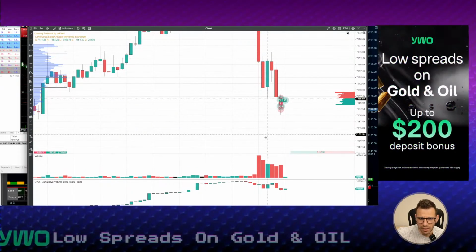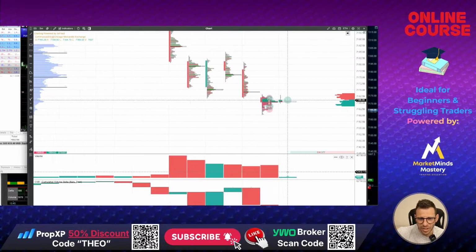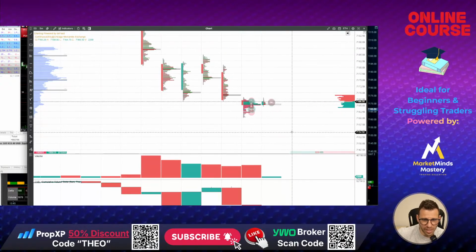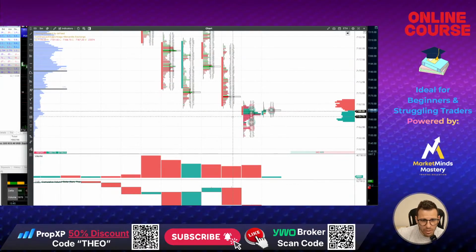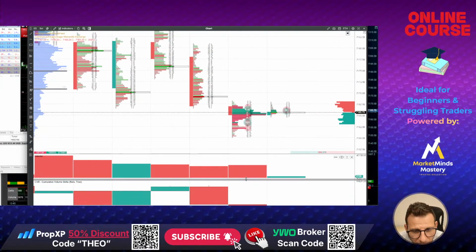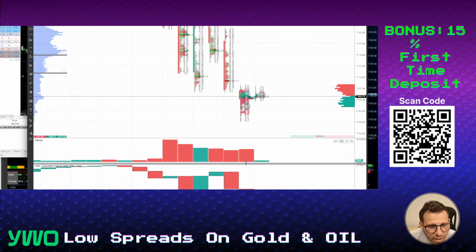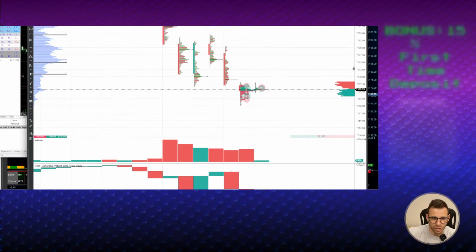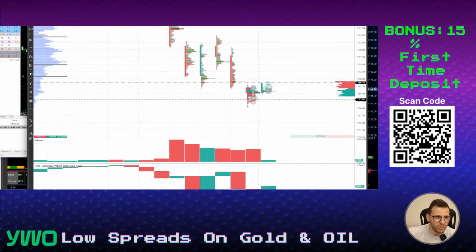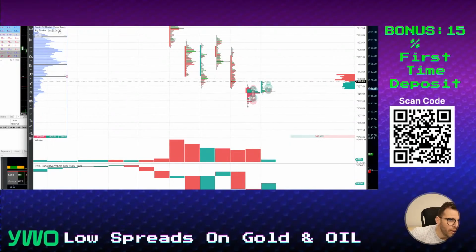Nothing that screams divergences or that buyers took control of the market. Of course, retracements are part of any trading plan, any trading strategy. So we are not scared about that.